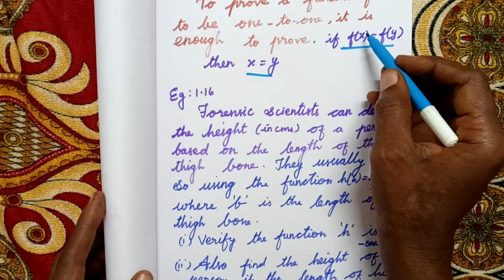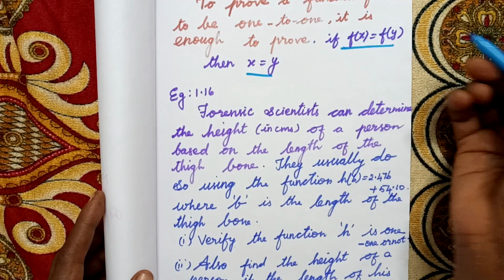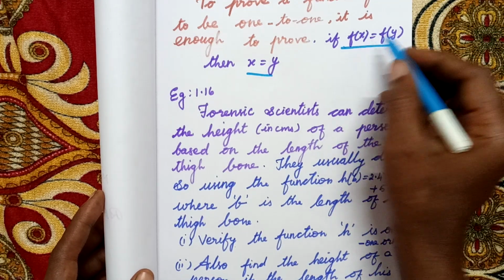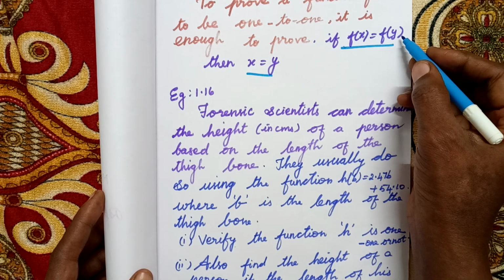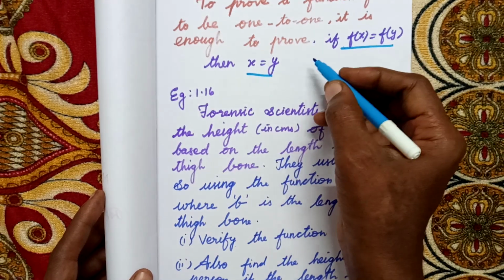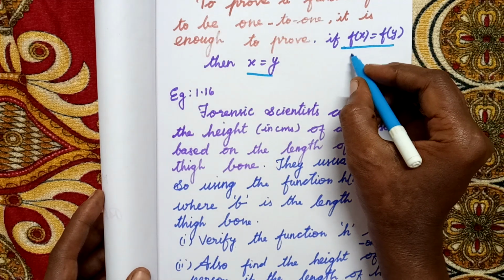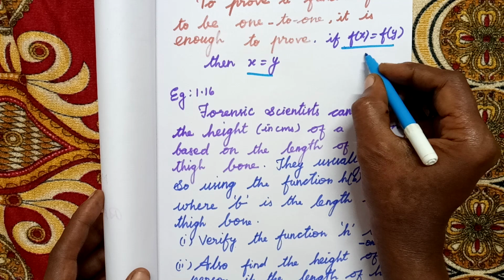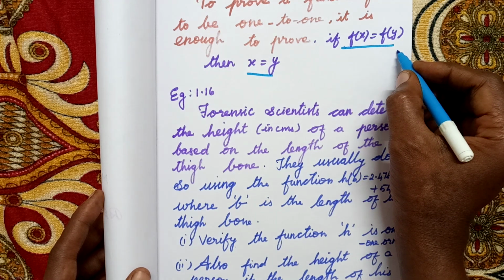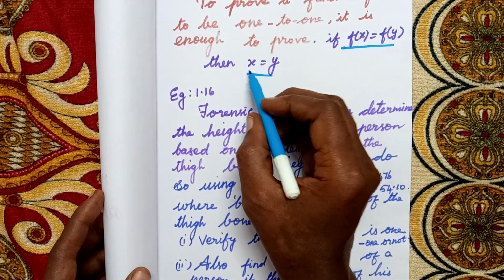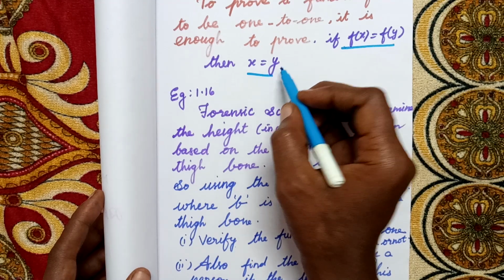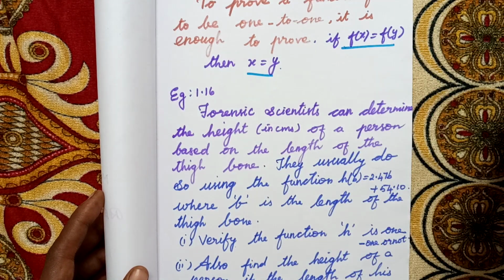Otherwise, in place of x and y, other constants can also be used. If f of x1 is equal to f of x2, then x1 is equal to x2, that is one-one. Otherwise, f of a1 is equal to f of a2 implies a1 is equal to a2, that means it is a one-one function.